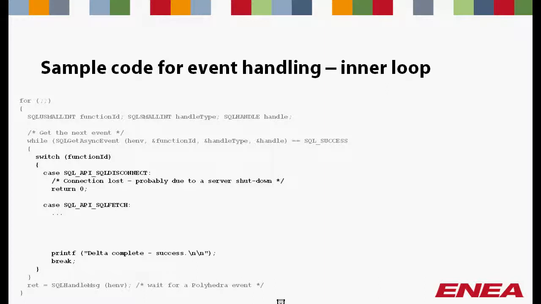And the second case is SQL fetch a delta. So in the first case we just simply exit out of this routine. In the second case we shall do what processing is needed for the delta and then go around to the next event.